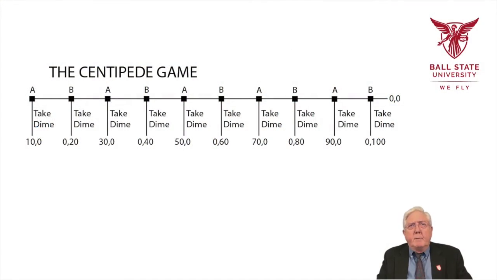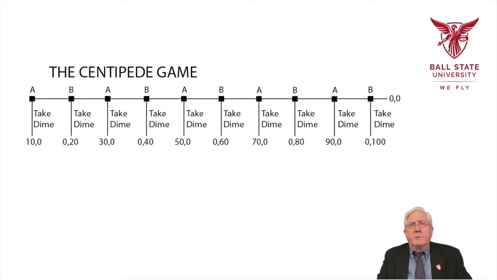Let me explain how this game works. With each turn of play, another dime is put into the middle. And at any point in time, either of the players, when it's their turn, can take the dimes that are in the middle and keep them and walk away. If they play all the rounds and they get to the very end, they get no dimes. So let's look at the play right before that.